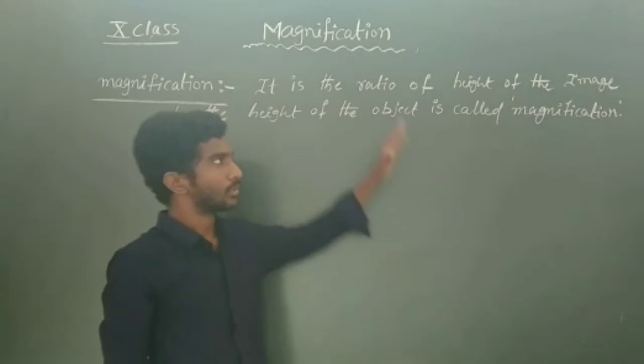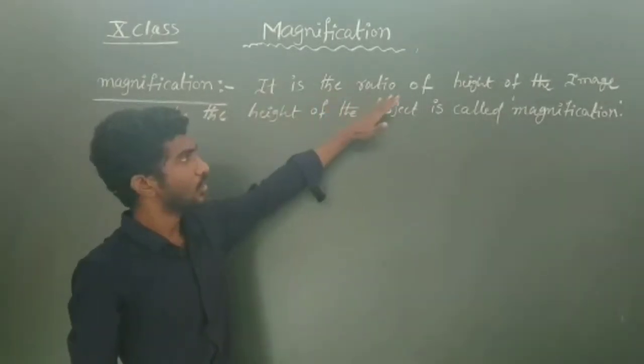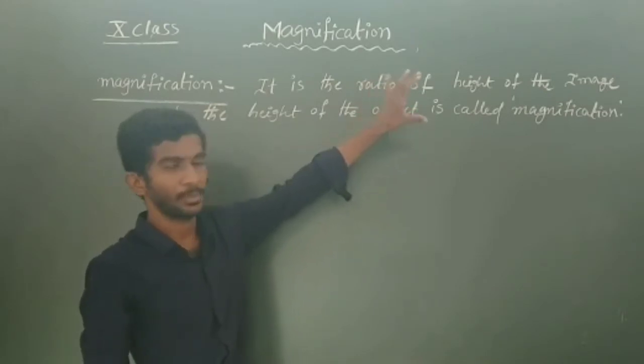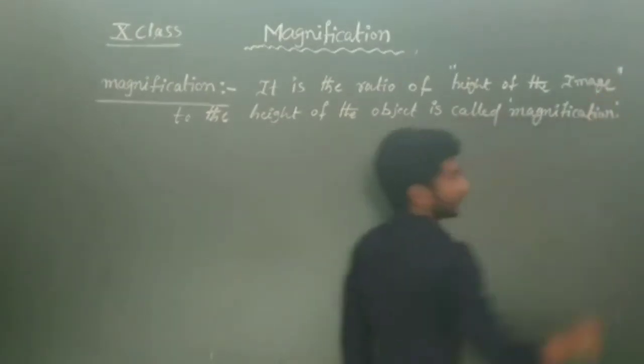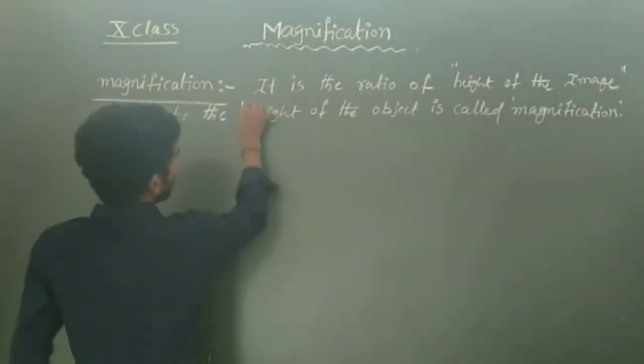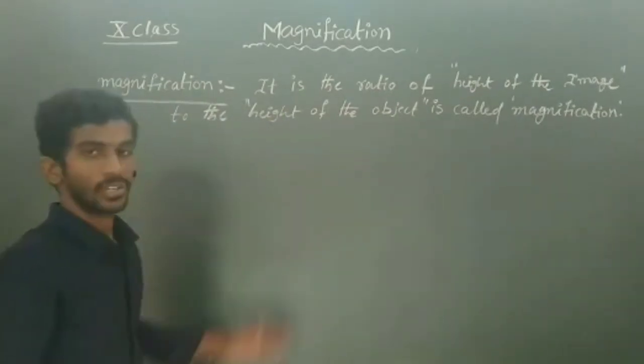Okay, friend. Now magnification means it is the ratio of height of the image, or size of the image, to the height of the object, or size of the object, is called magnification.